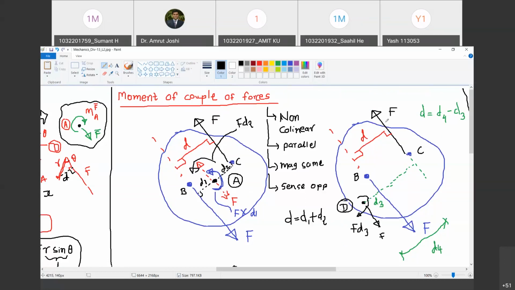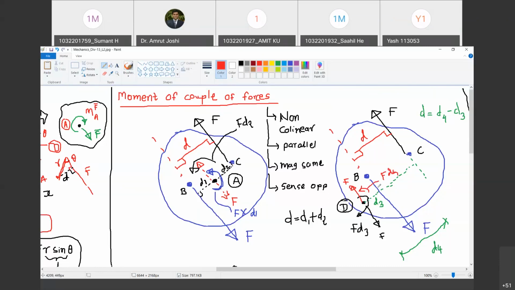Now let us try to find out what is the effect of this force F acting at C at point D. So tell me, what is the effect? Sir, anti-clockwise. But first of all, you have to show this force F. Are you with me? Yes, sir. And then it is going to produce an anti-clockwise moment of magnitude F into D4.